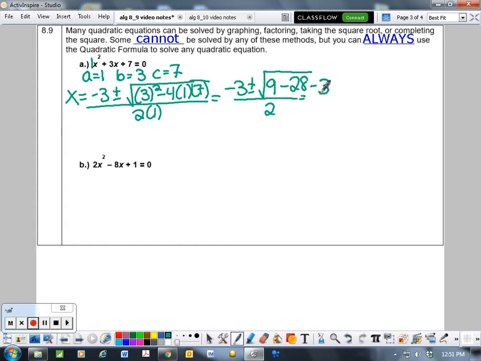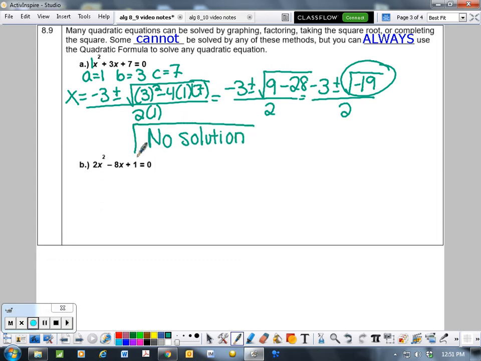So I get -3 plus or minus the square root of -19 all over 2. And now I notice that I can't square root a negative, which means that this is no solution.